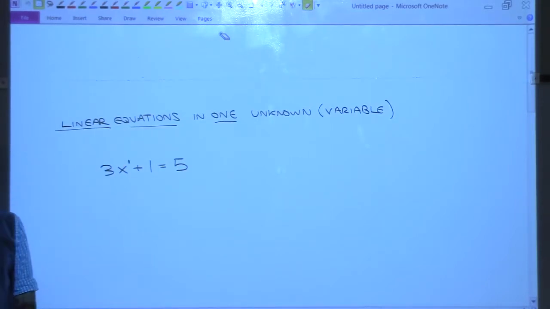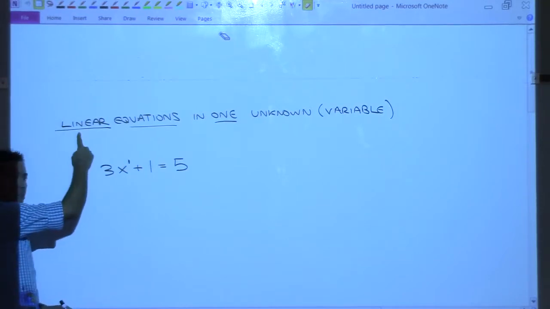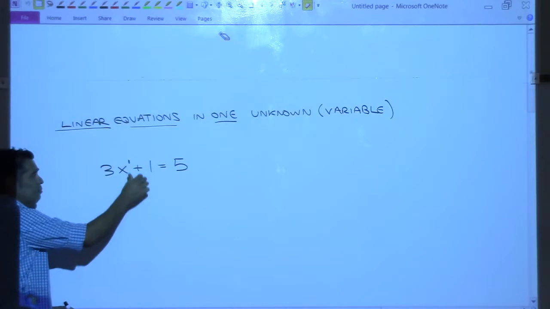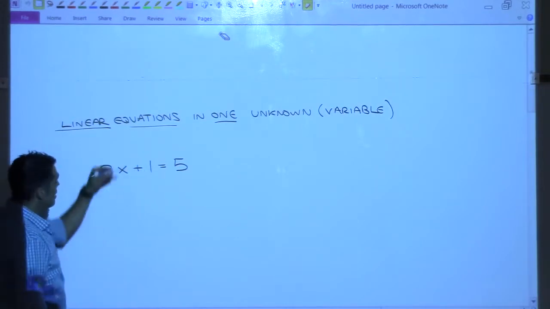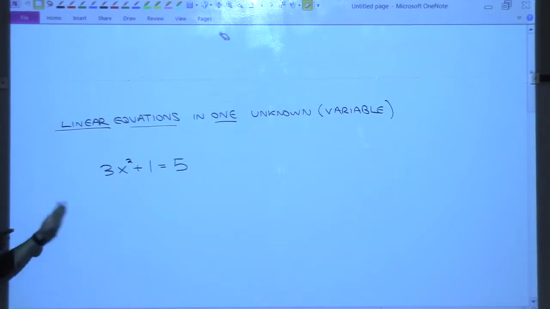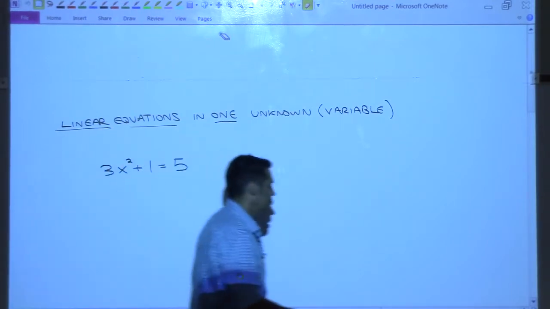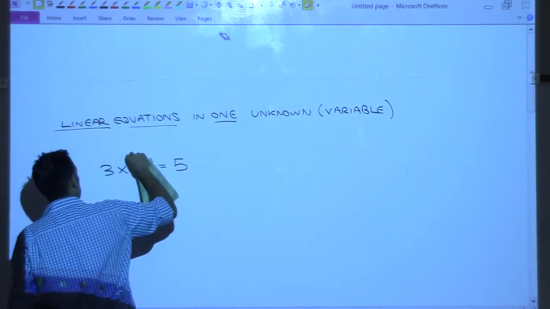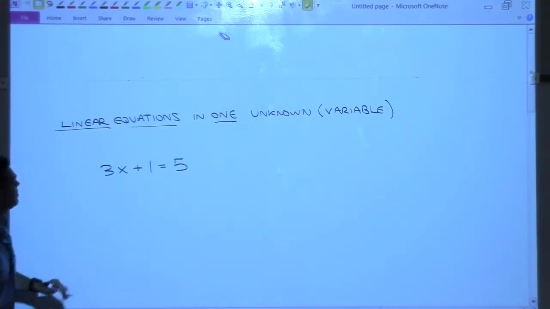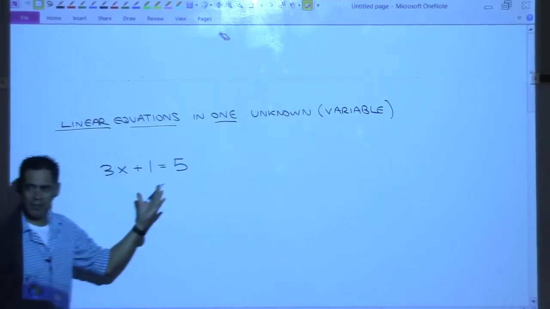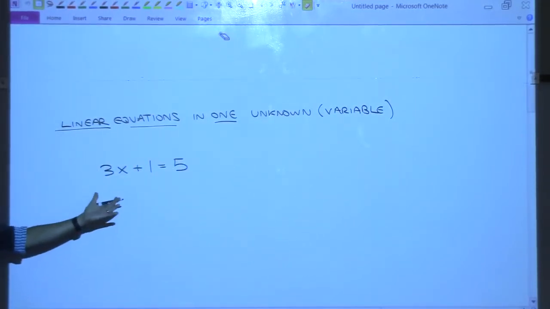And when you have the variable to the first power, we call it linear. Later on in this class, we will talk about equations where that's perhaps x squared, and then it's what we call a quadratic. So linear equations have to have your variable raised to the first power, and then it's one variable, because there's just one letter in here.